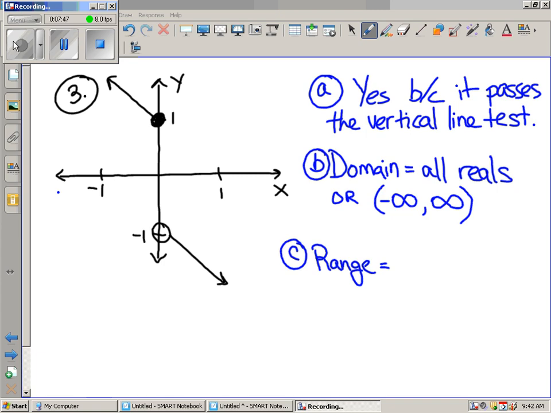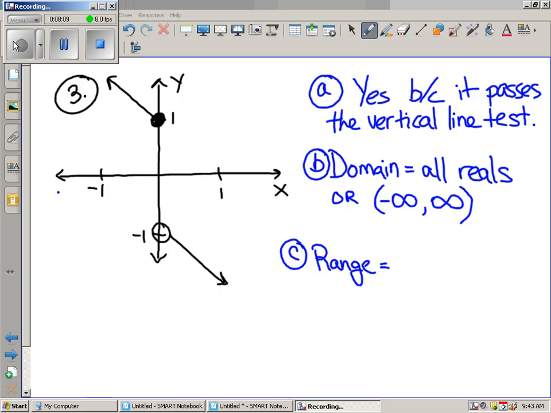Okay. So the range on this bad boy is real difficult. What are some ideas for what the range is? Ooh, that is one way of doing it. Very, very creative.